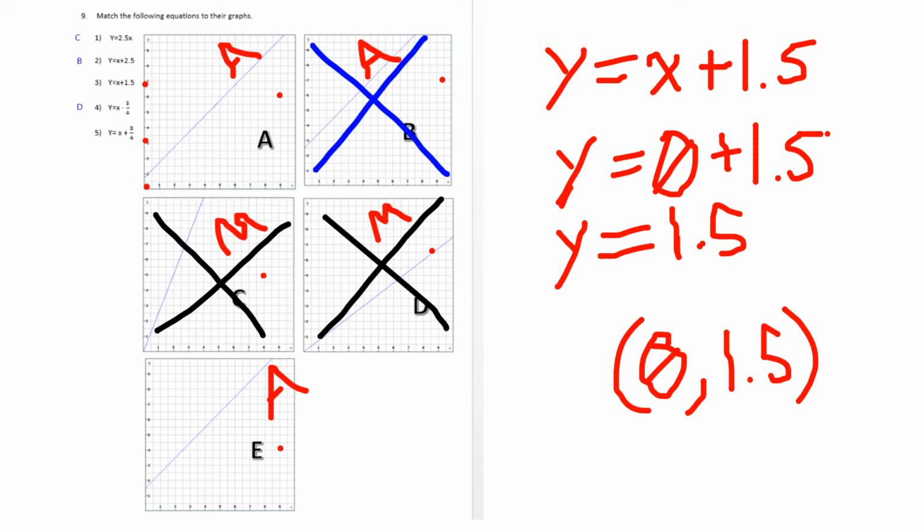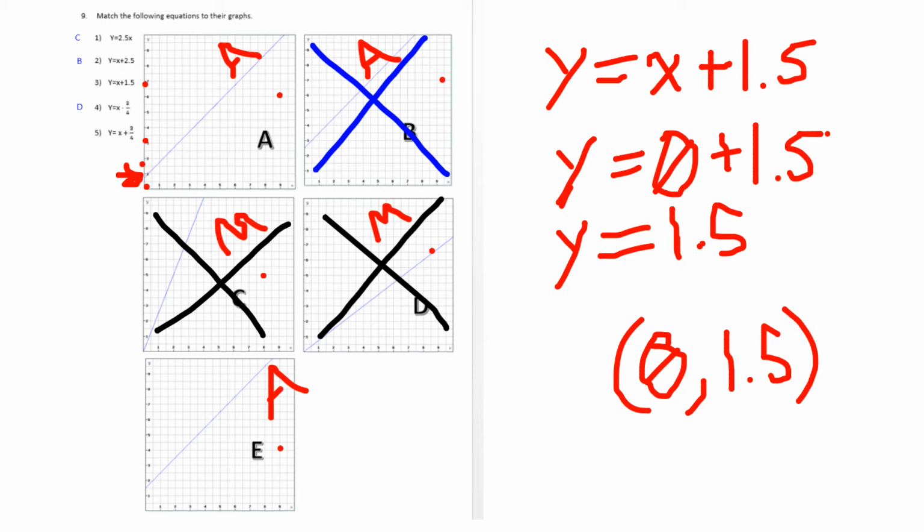So now I just have to look at these 2 graphs that are left and say which one has a value of 1.5 when x is equal to 0. Well, if I look on the line, this line here does not look like, when x is equal to 0, it is 1.5. 1.5 is up here. No, not quite there. It's up here.